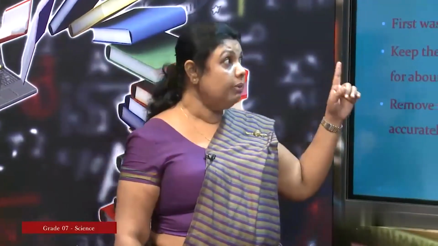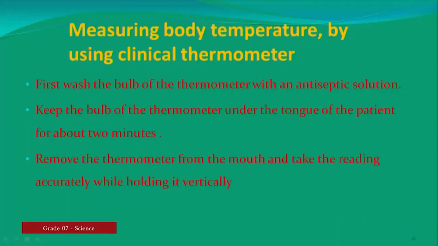First, the bulb of the thermometer should be cleaned with an antiseptic material. Alcohol, you know very well that alcohol should be taken and it should be cleaned. After that, keep it under the armpit or under the tongue and take the temperature, let it be a few minutes, take it out and hold it vertically.